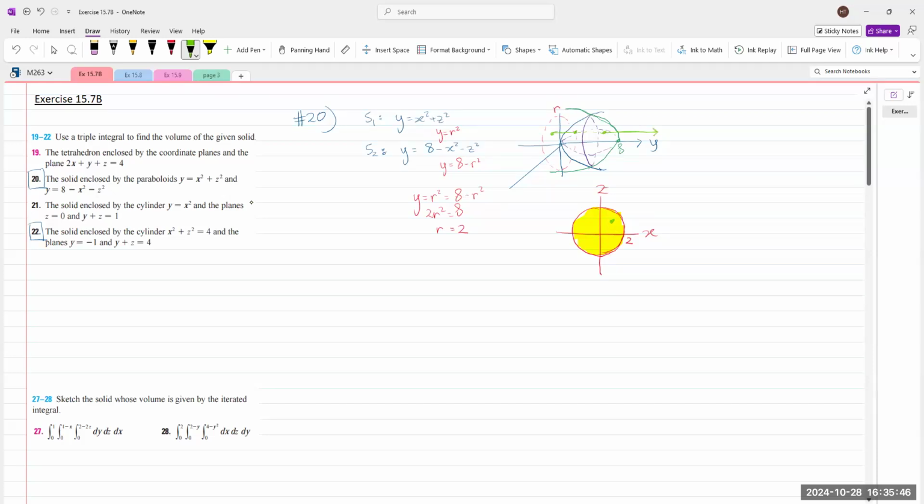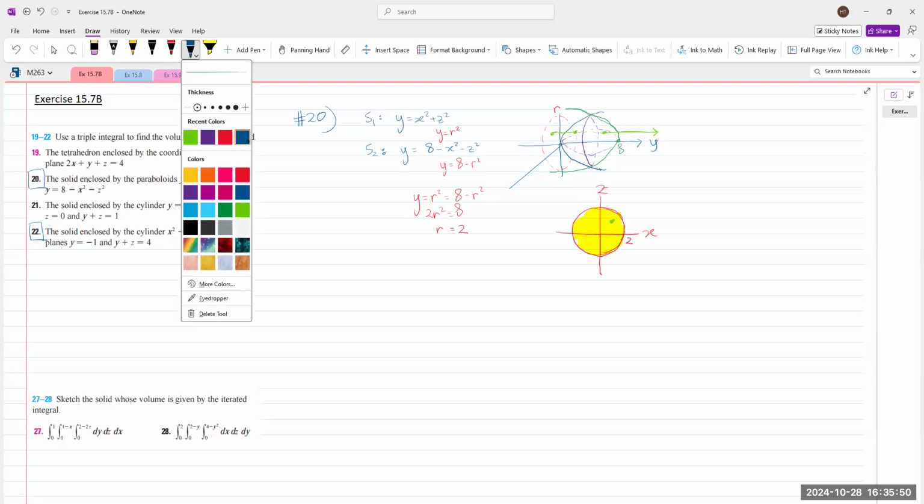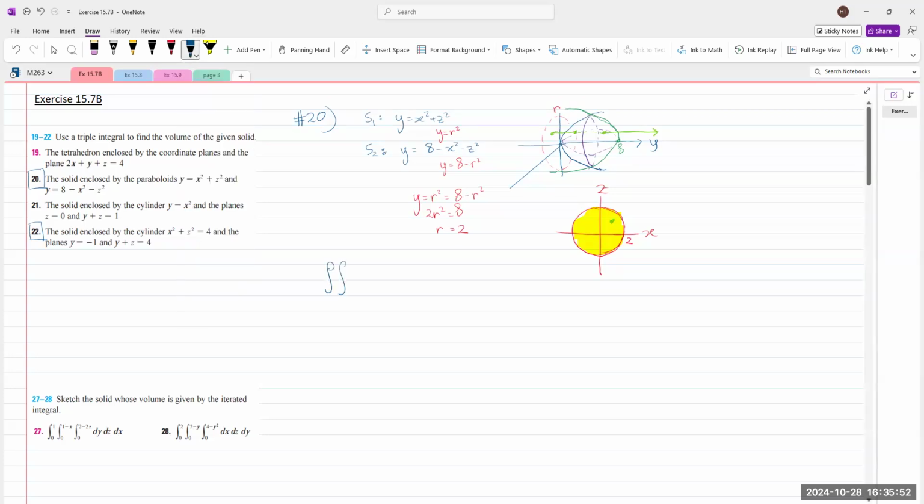So first we need to set up the double integral for the outside. That's for the yellow color. Okay. dy dz dx.